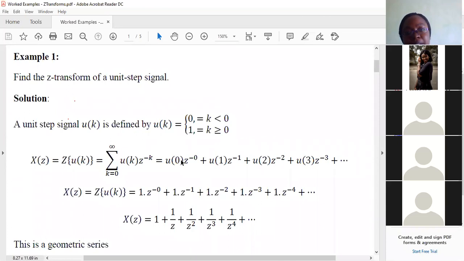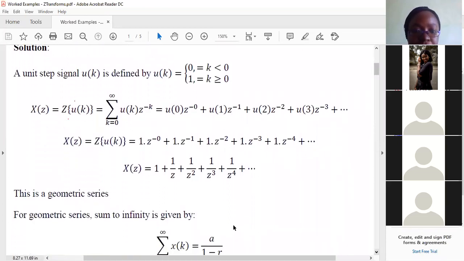So basically, you are simply expanding this using the Z transform definition. Then we are putting in the values, because a step signal has a value of 1. So u of 0, u of 1, u of 2, u of 3 are 1, 1, 1, 1, 1. So we have this.